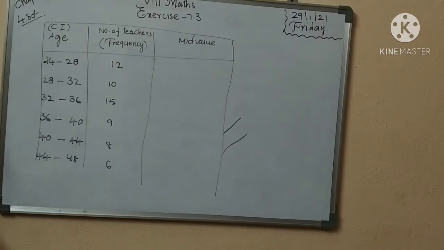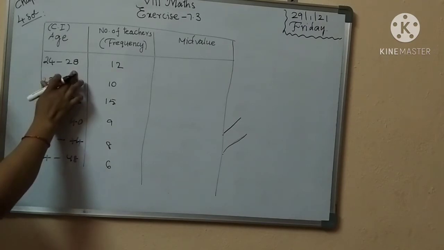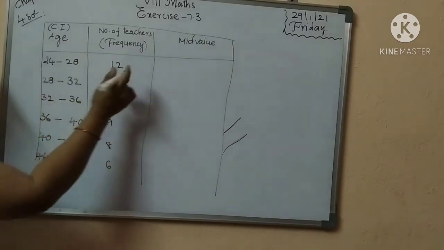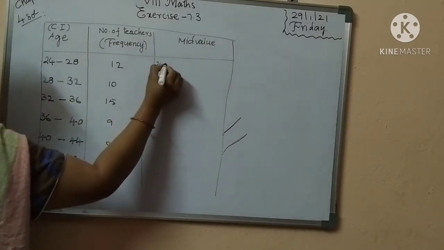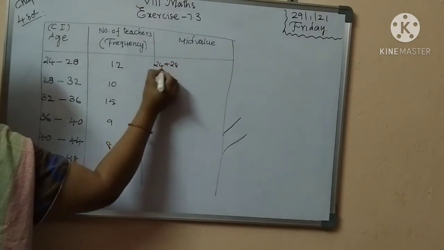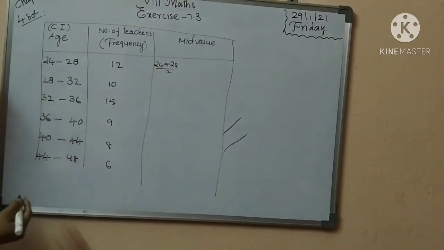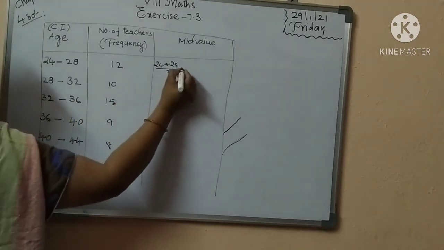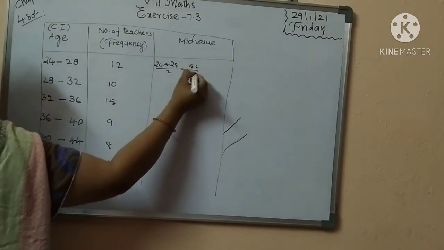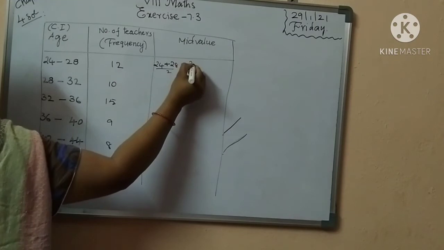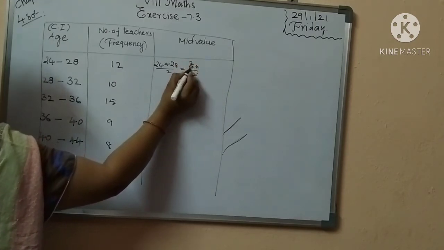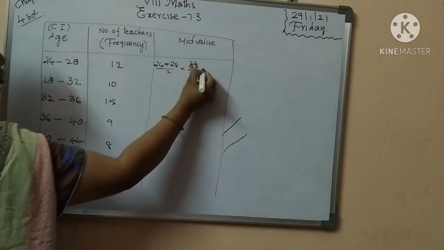Okay children, next the mid values. We know how to take the mid value. Class mark equals lower boundary plus upper boundary by 2. So here 24 plus 28 by 2. 24 plus 28 is 52, by 2. 2 2s are 4, 5 minus 4 is 1, 1 to 12, 6 2s are 12.